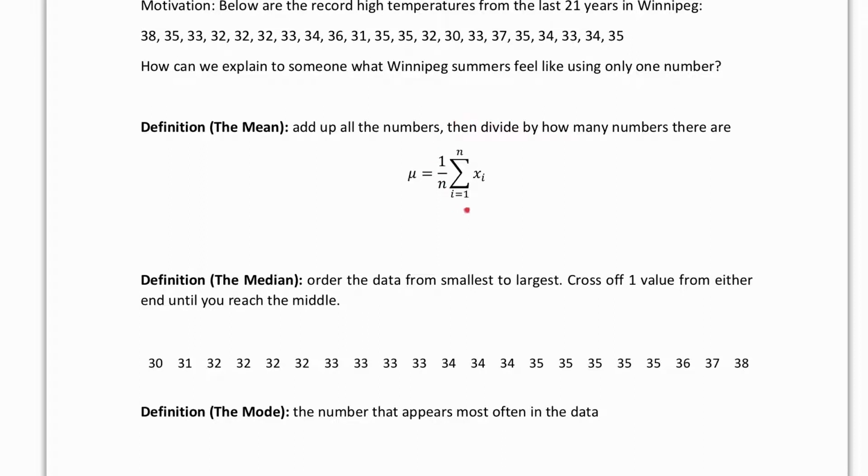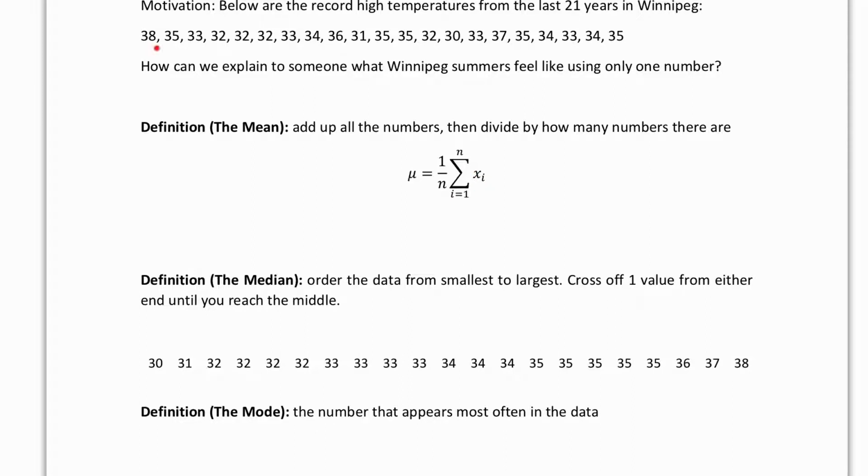Now this is sometimes written in statistics with fancy formulas like this. The 1 over n here means that we're going to divide by how many numbers there are, and this symbol means addition. It means the summation. We're going to take the summation of all of the xi's. Xi represents each of the temperatures.